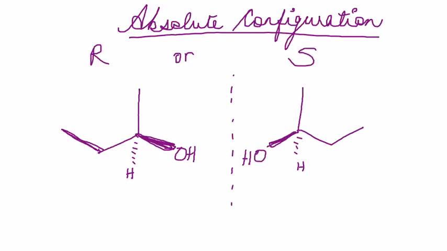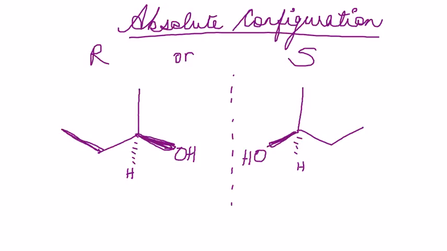You have to first take the time to assign priority order, and the rules are exactly the same as you learned in the E and Z concept in alkenes. That means the higher the atomic number, the greater the priority, and so you would give highest priority to oxygen. You have to go atom by atom.